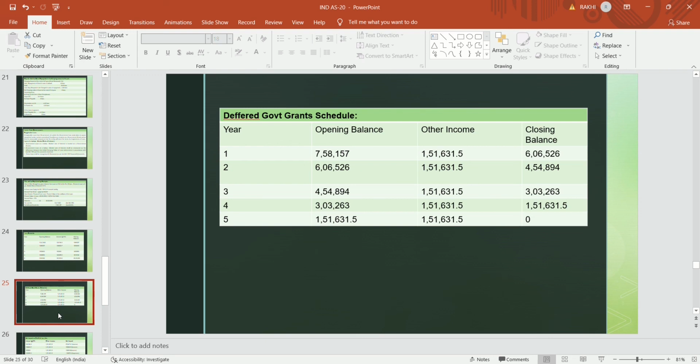So 7,58,000 divided by 5 is 1,51,631, amortized over a period of 5 years. From that deferred grant, we reduce the other income, because it is to be amortized over 5 years and recognized in the P&L as income. So the closing balance gets reduced year by year, and at the end of year 5 it will be 0.